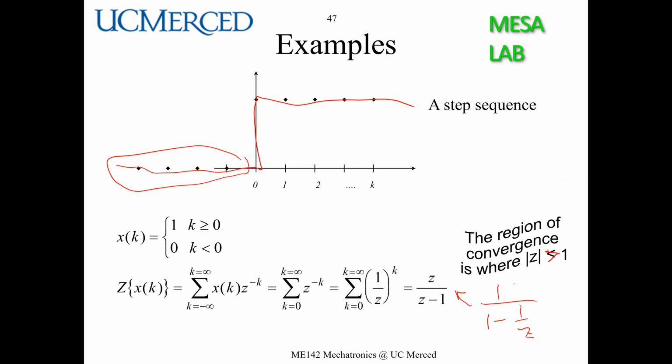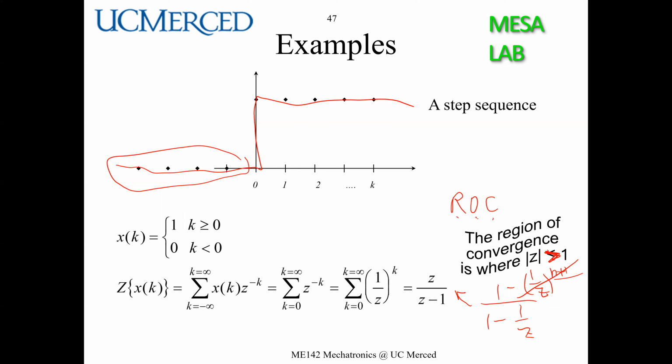And there is also something like 1 over z to the power of n plus 1, and send n to infinity, then this is 0. So to make sure this converges, z should be greater than 1, okay? This is called the region of convergence, ROC.